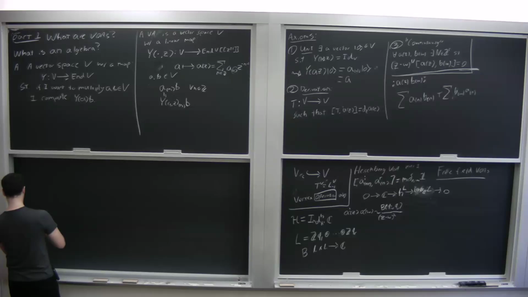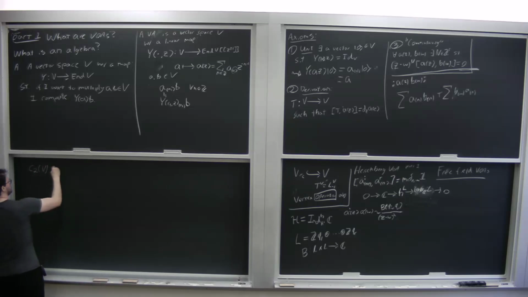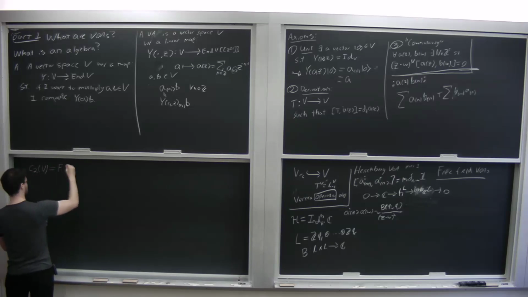Okay, so there's this subspace, which for historical reasons is called C2 of V, but for us, we can think of it as the first piece of that filtration.